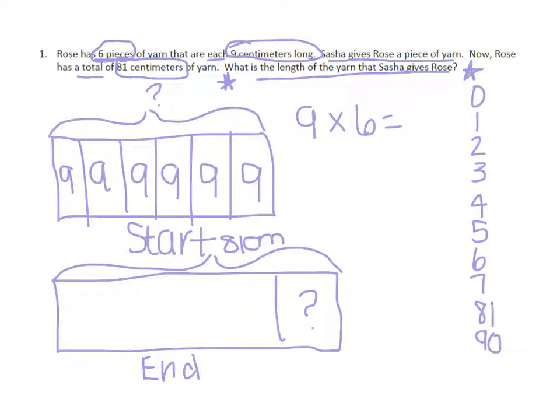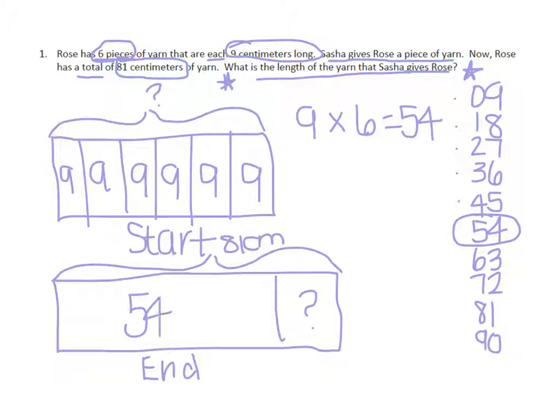Then we're going to write 0 through 9 bottom up. So, what is 9 6 times? 1, 2, 3, 4, 5, 6. It's 54. So that means that she started with 54 centimeters of yarn.